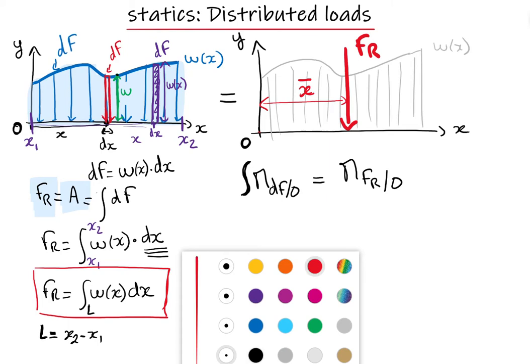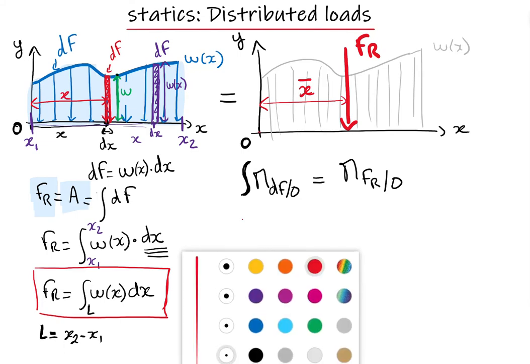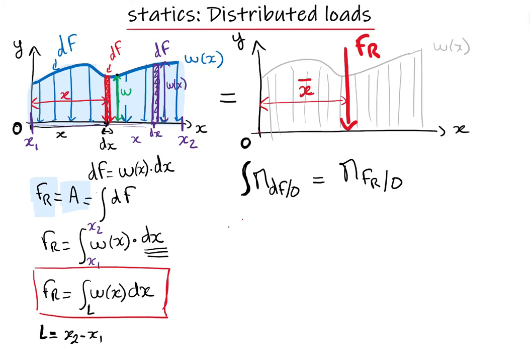So let's come back to this little rectangle. What is the moment created by this little dF about the point O? That's the distance x. So the moment M dF about O is equal to what?